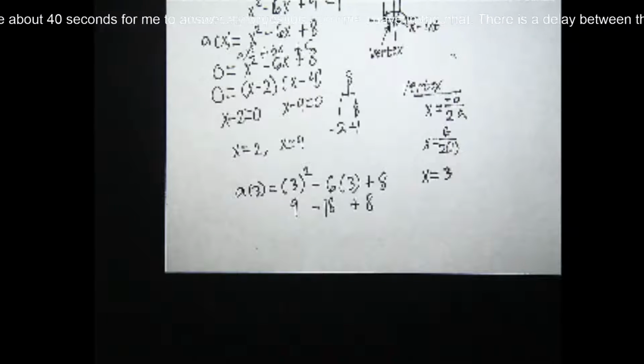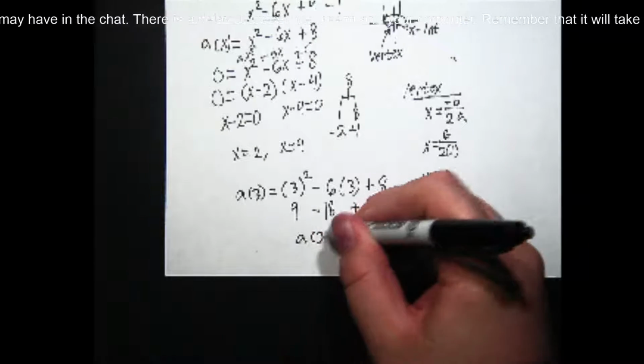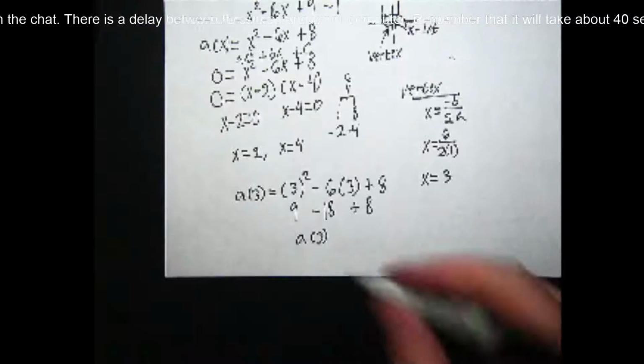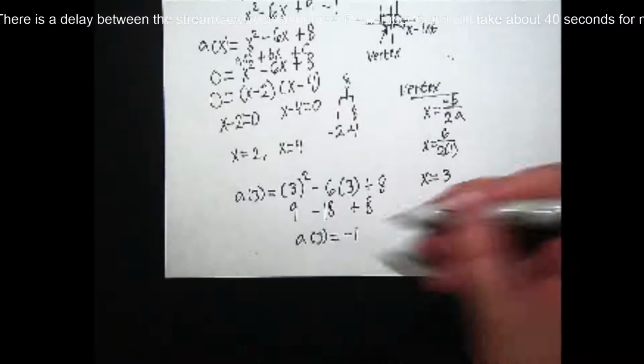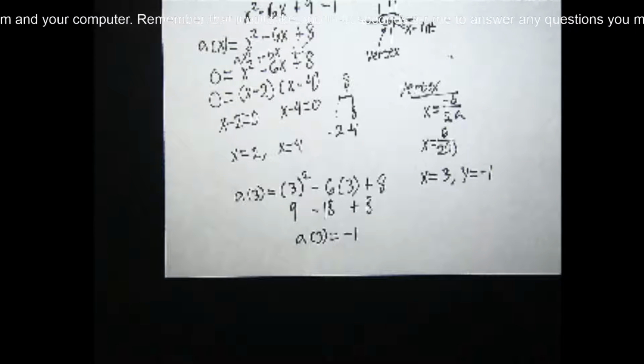And so 9 minus 18, that's going to be negative 9. Negative 9 plus 8 is negative 1. So a of 3, or what we can call our y part, is equal to negative 1. Any questions?